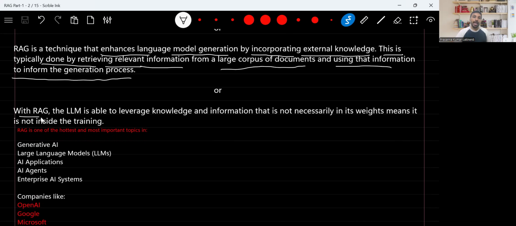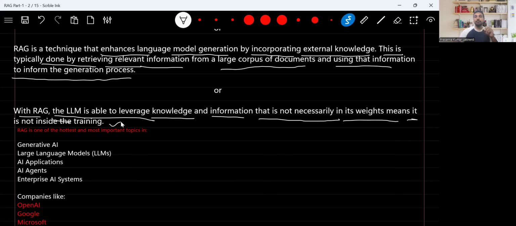With RAG, the LLM is able to leverage knowledge and information that is not necessarily in its weights, meaning it is not inside the training. Sometimes the LLM may not know all the information. Sometimes we may ask a query which is beyond the LLM's memory.